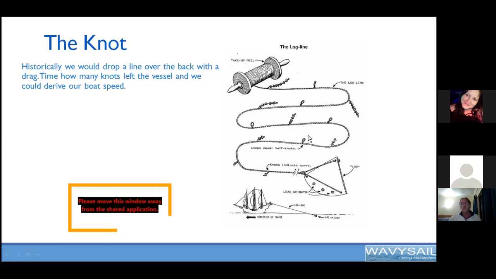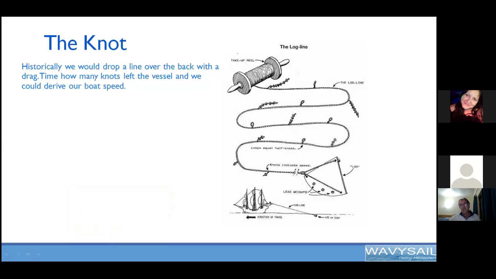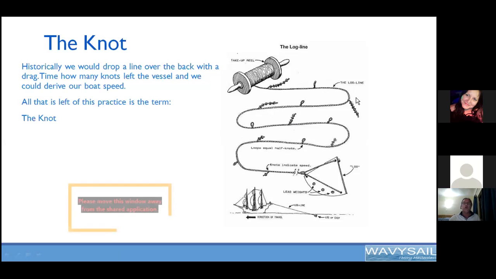Note that the half used to have a little loop in it. It's a piece of history you don't need to worry about, but there we go. So there's your half knot looped, 2, half knot, 4, so on and so forth. So that's how we used to record boat speed. You can see it sort of dangling out the back here of a nice old schooner. We don't use that anymore. The only thing left of this practice is the word the knot. So that's where knots come from, the word knots.